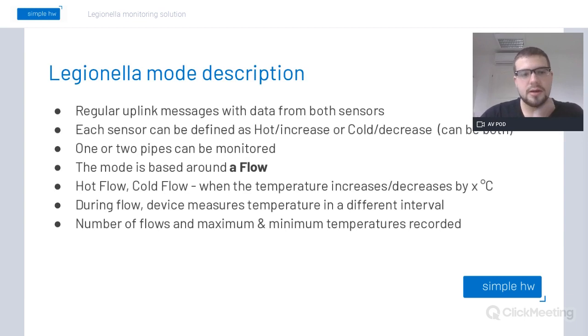Generally, you can of course combine the mode with regular temperature reporting behavior of API6 that already is implemented. For example, you can combine it with standard temperature thresholds, which means that you can have both the regular uplink messages from the Legionella mode that can be used to monitor the pipes long term, and you can have data on a regular basis that you can then store and make statistics with.